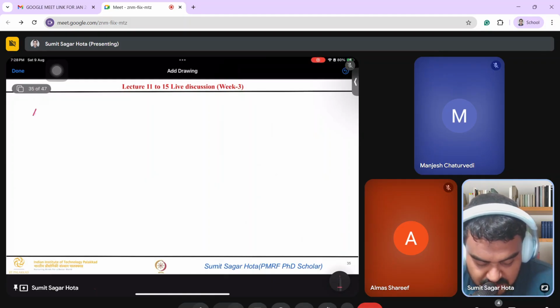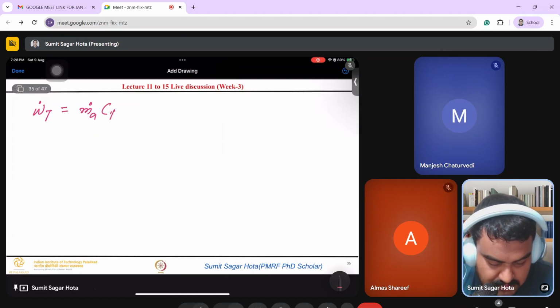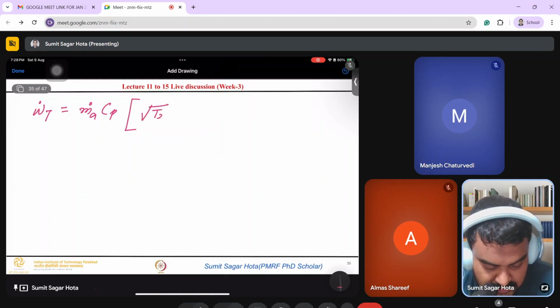So the turbine work W_T dot is equal to m dot a Cp times the square of the square root of T3 minus the square root of T1.